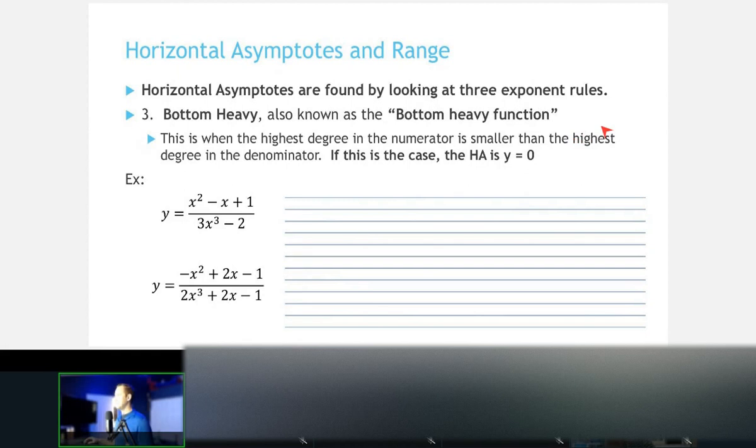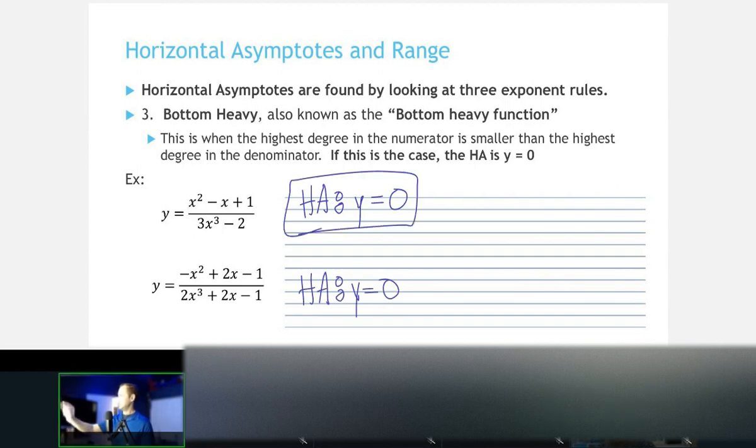Whenever it's bottom heavy, the HA is always y equals 0, always. So we say the HA is y equals 0. And for this one also, this is bottom heavy, y equals 0. How easy is that, right?